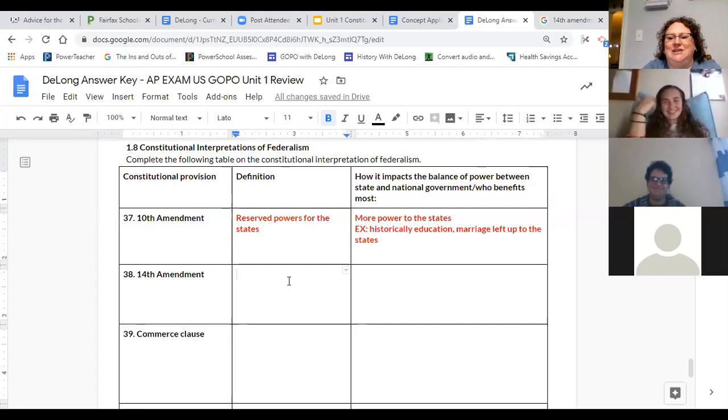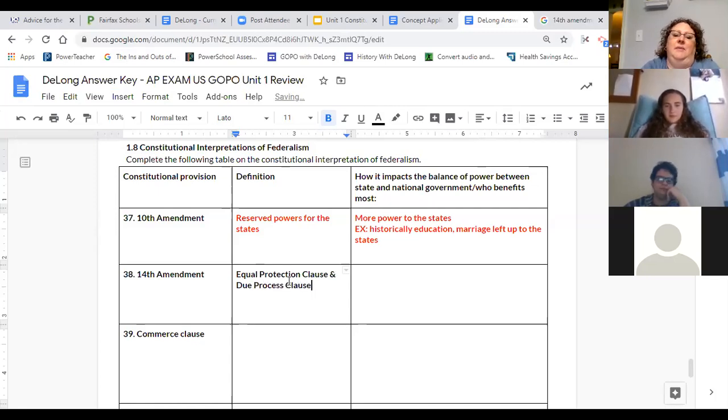So, 14th Amendment. This would be the equal protection. Two clauses, right? So it's the equal protection, and what's the other clause? Due process. So remember, with equal protection, this is where we get the whole idea of civil rights protection.